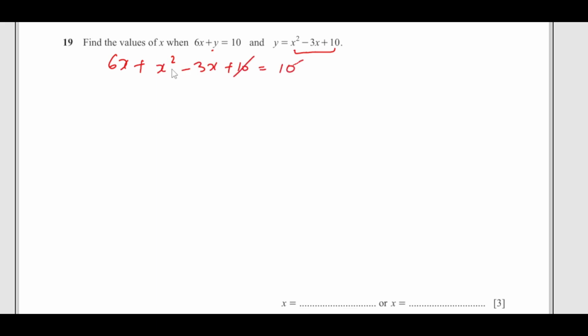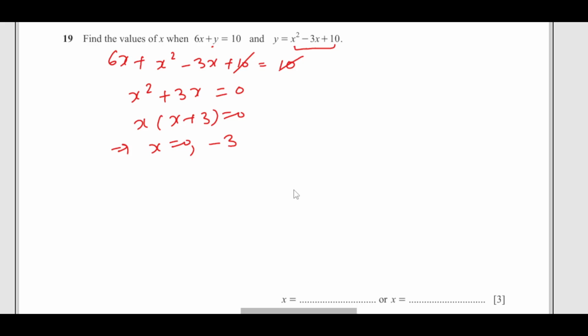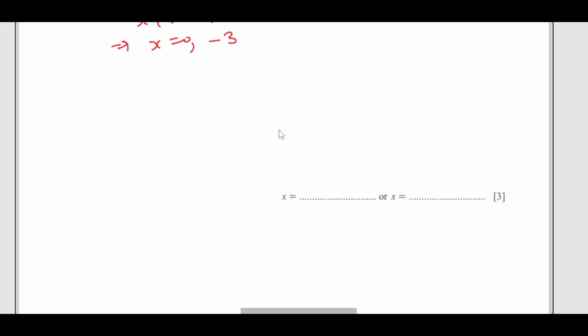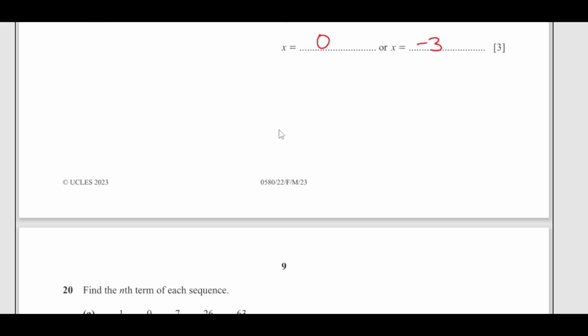The 10 and 10 cancel, so we have x squared, 6x minus 3x is plus 3x, equals 0. So x is common: x times (x plus 3) equals 0. From here x is 0 or x is negative 3, right? So that's the value of x: 0 or negative 3.